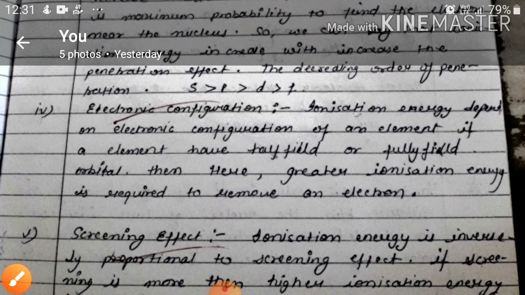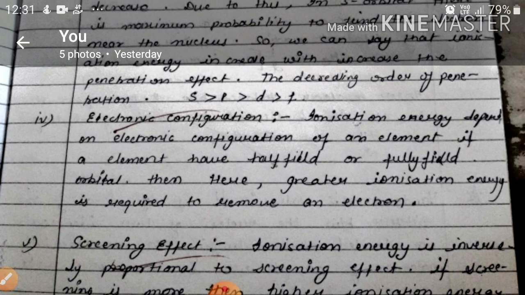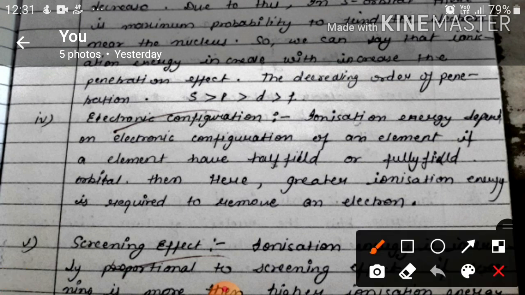Next is electronic configuration. Ionization energy depends on the electronic configuration of an element.